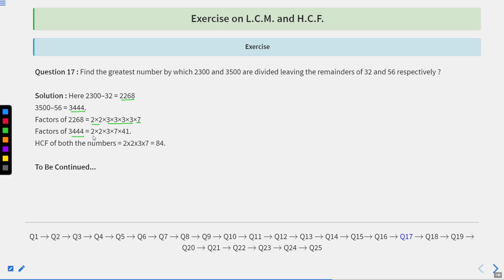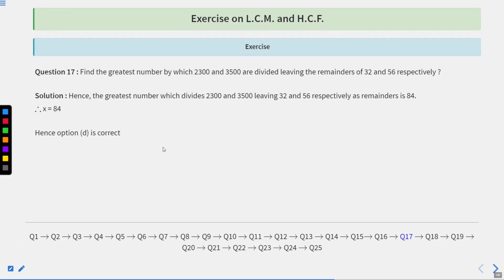And 3444 is equal to 2 times 2, 3 one time, 7 one time, and 41 one time. So the HCF of both numbers is 2 into 2 into 3 into 7, which is equal to 84. Hence, the greatest number which divides 2300 and 3500, leaving remainders 32 and 56, is 84. So the correct option here is option number D.